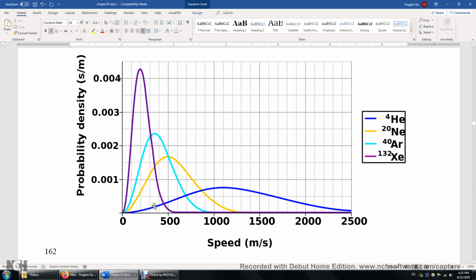So at 350, the probability density for argon is maximized. At 1100, the probability density is maximized for helium. Now, neon is between helium and argon. What about xenon? Well, xenon atoms move slower than argon.